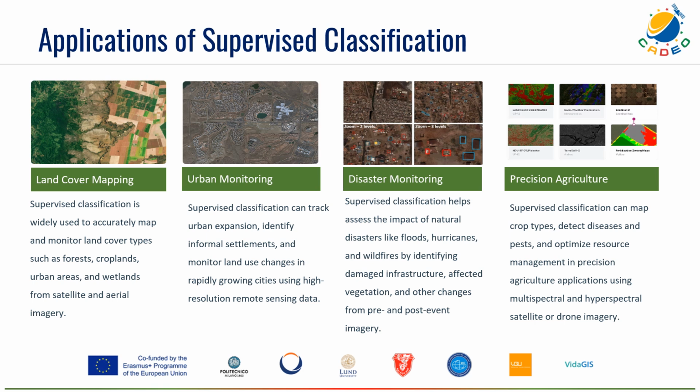This information is crucial for agricultural planning, resource allocation, and ensuring food security, especially in developing regions. By tracking changes in cropland and detecting anomalies, policymakers and farmers can make more informed decisions to improve agricultural productivity and resilience.